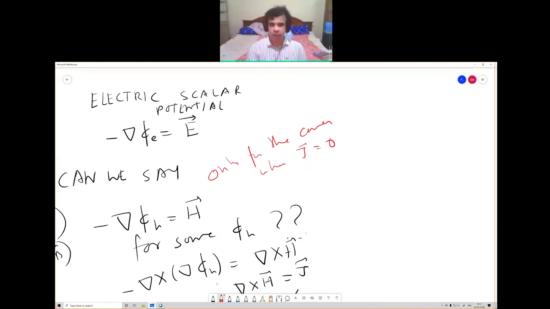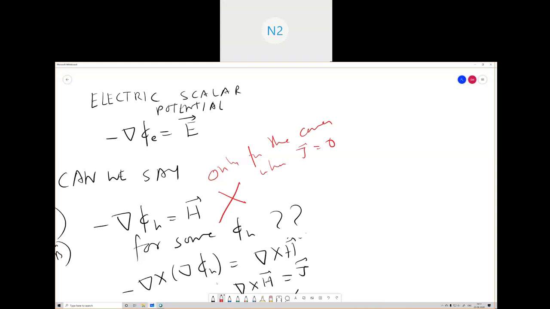If J is not zero, then this equation is not valid. Agreed? So if the current density is not zero, we cannot write this. We come to a contradiction. Then what is the better alternative? If you want to have a potential, this cannot be used. What else can we do?